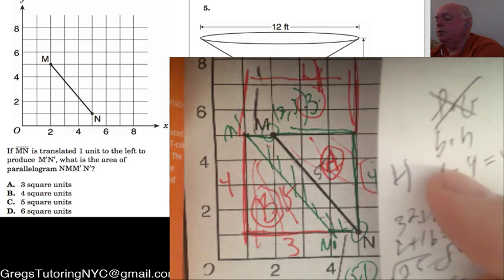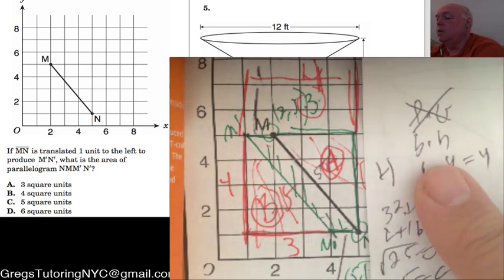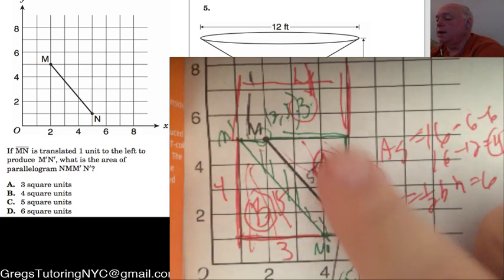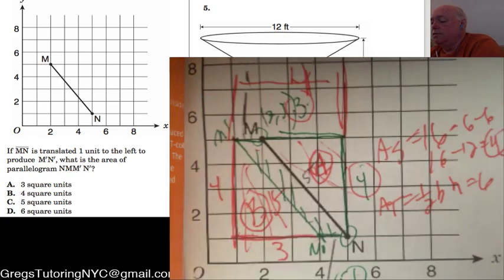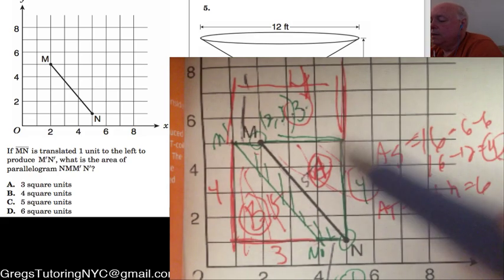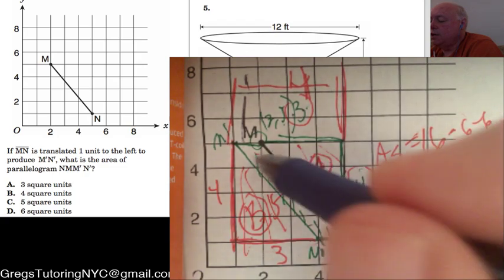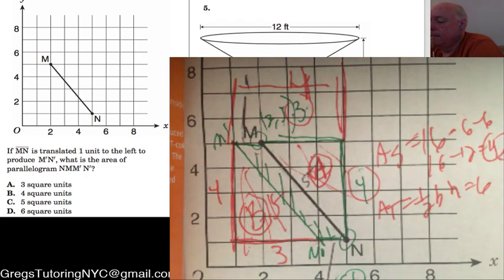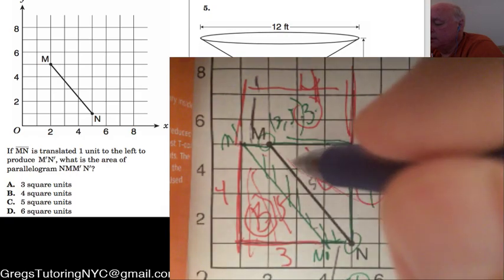So now we have 2 ways. We have the base times the height way. We have the 2 triangle way. It turns out there's a third physical way. And I actually should have printed a second copy out of this. But let's imagine that we take triangle A and we shift it over 1. And I'm going to use blue for this now.